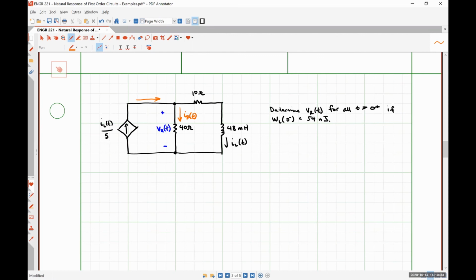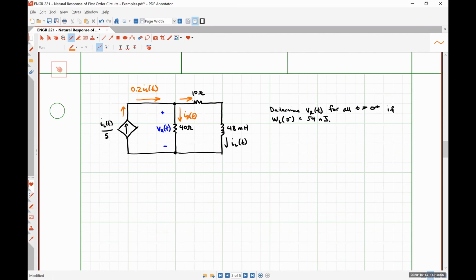This current that I've drawn in orange is the current that's leaving that dependent source. So it's just IL of t over 5, right? So I'm going to call that 0.2 IL of t, because if I divide 1 by 5, I get 0.2.